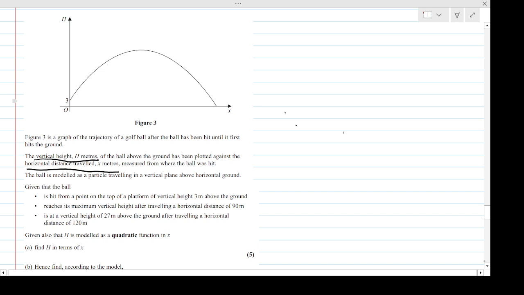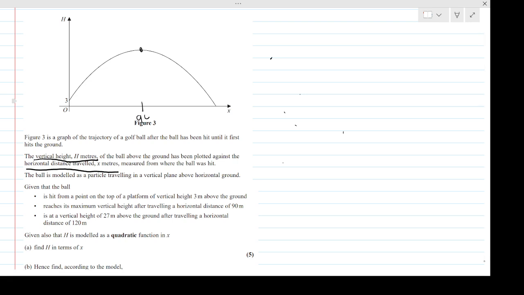Given that the ball, and this is our data, is hit from a point on the top of a platform of vertical height 3 meters above the ground, that's going to correspond to this point there, isn't it? So initially, when t is 0, h is 3. It reaches the maximum height, which is going to be this turning point there, after travelling a horizontal distance of 90.